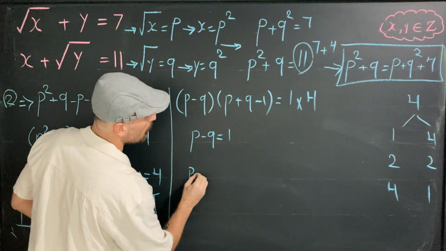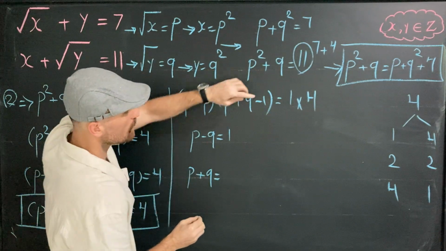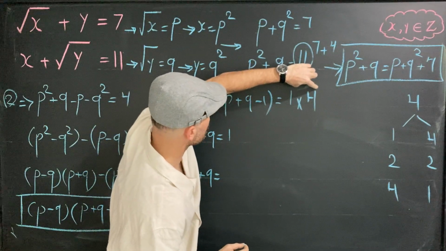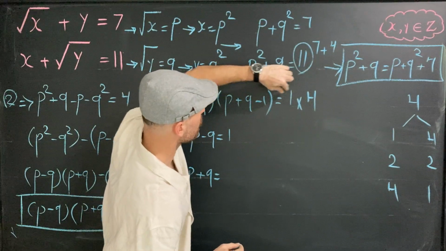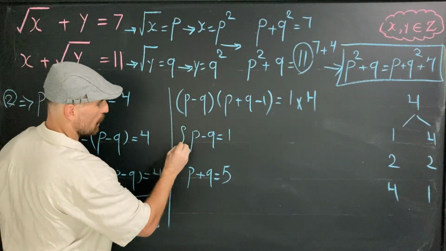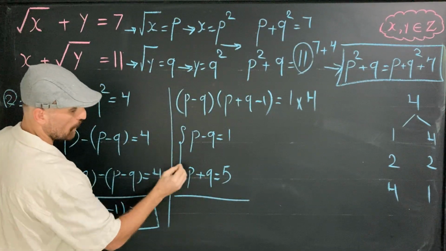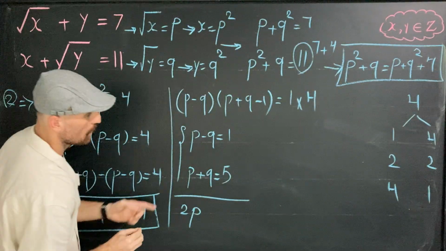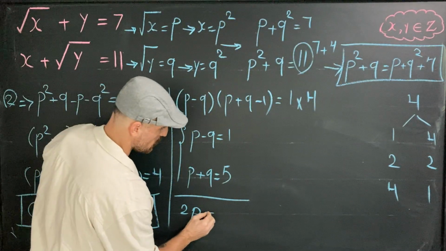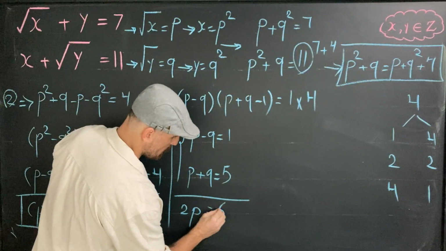So p plus q is 4, minus 1 goes there and changes to plus 1. 4 plus 1, which means 5. We have these two equations. Let's add them together. P plus p, 2p, minus q plus q can be cancelled off. 1 plus 5 is going to be 6.